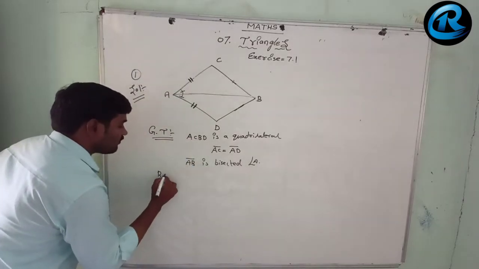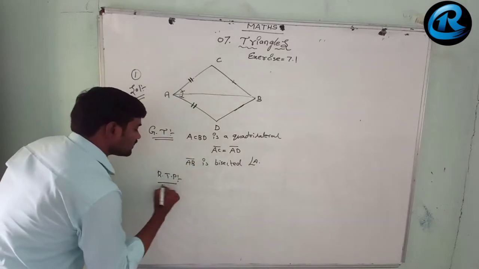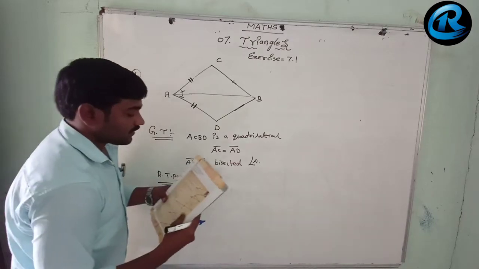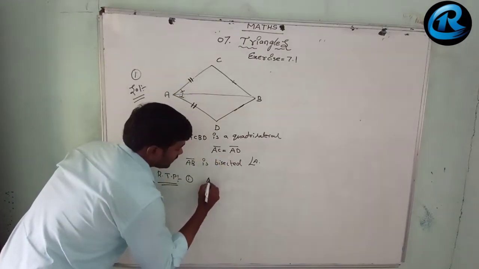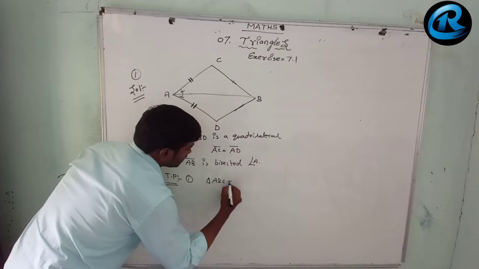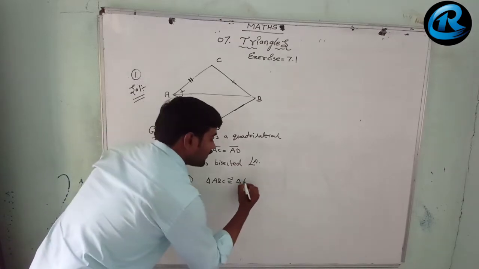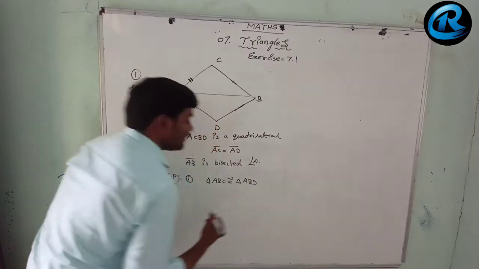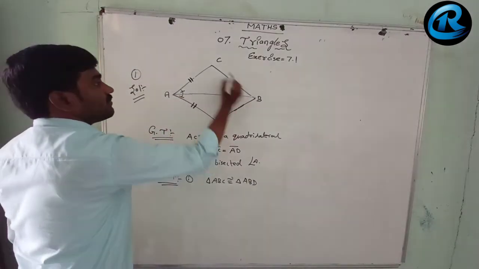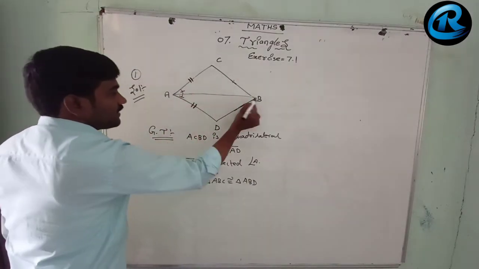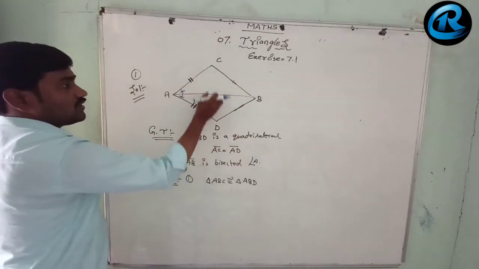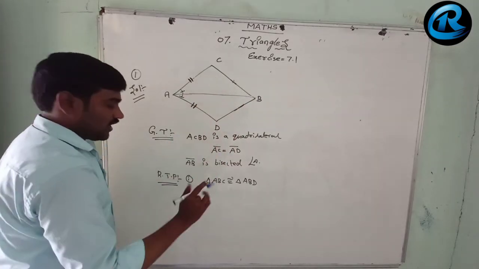So RTP, what do we need to show? The first one, we have to show triangle ABC is congruent to triangle ABD. Here there are two triangles now. We have to show that these two triangles are congruent.